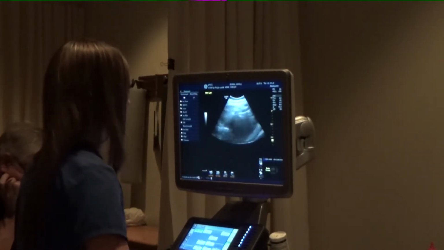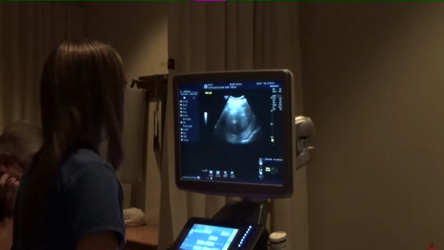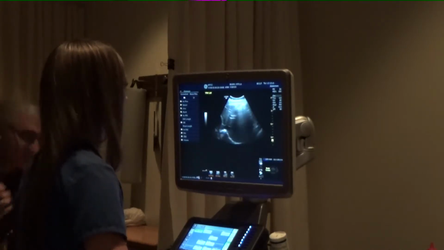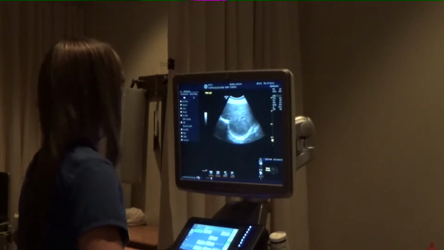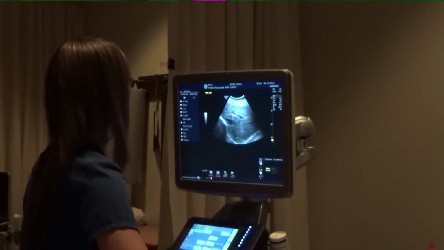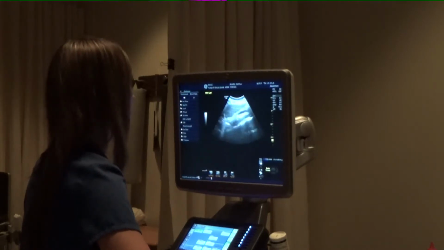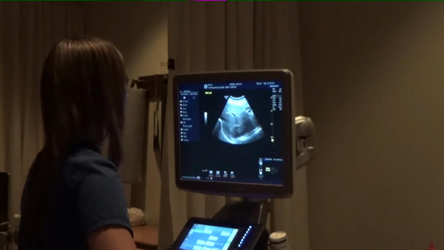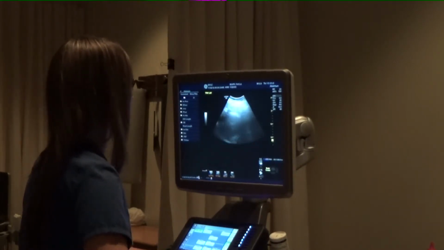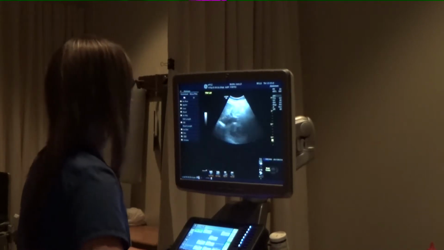Show me a sagittal image of the gallbladder and store that, please. Okay. Taking a deep breath and hold it. You can breathe. And when you're ready, take another breath in.